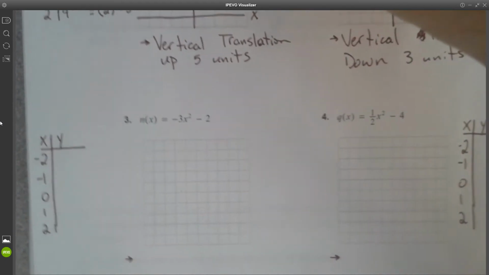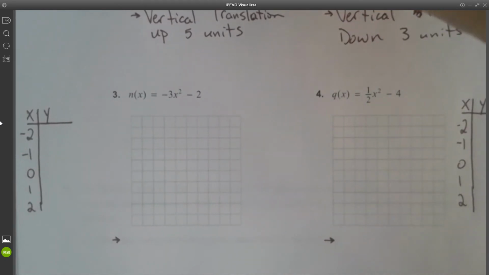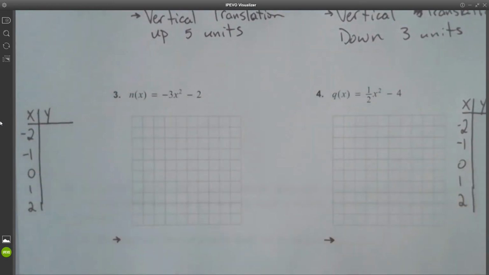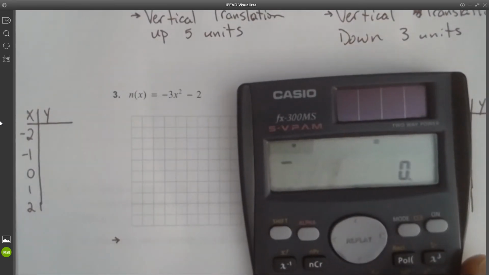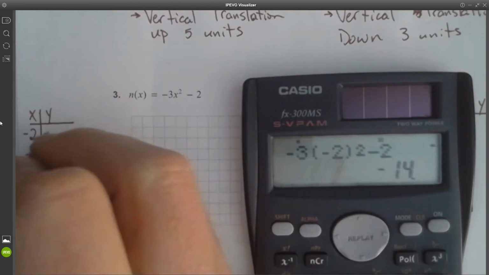Number 3 says our equation is negative 3x squared minus 2. So we'll go through using our input-output table. Negative 3 and then parentheses, first I'll do negative 2 squared minus 2. That gives me negative 14.